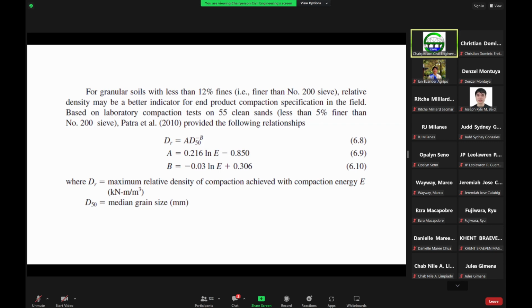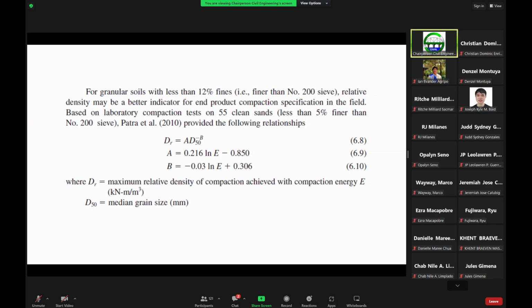Now, based on laboratory compaction tests on 55 clean sands, so when you say clean sands, that means you have less than 5% finer than the number 200 sieve. Then Patra did some research, plotted the results of these clean sands, and was able to derive an empirical formula for the relative density with respect to D50, where D50 is the median grain size, which you can get from the grain size distribution curve.